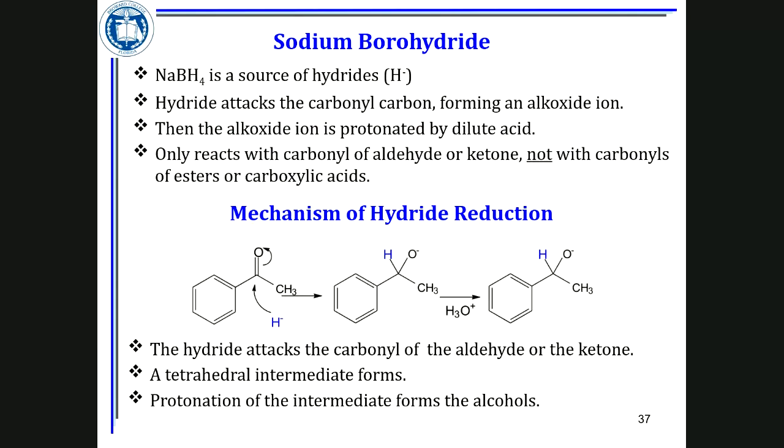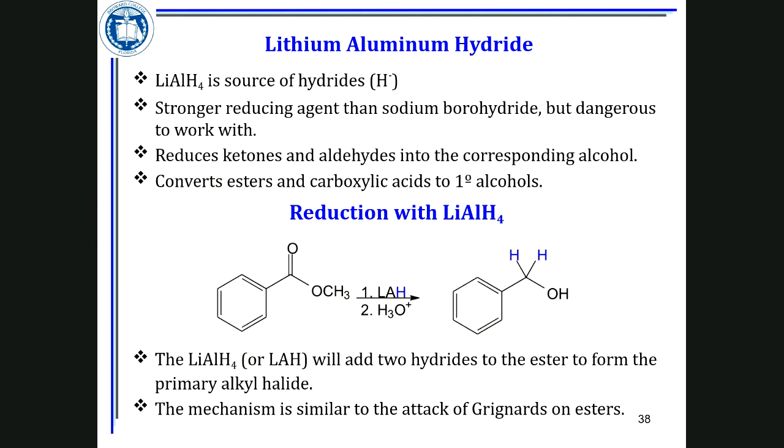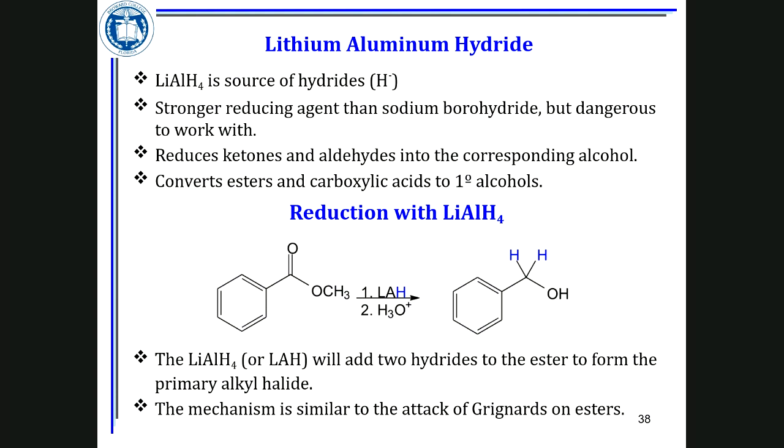The way sodium borohydride works, hydride from sodium borohydride acts as a nucleophile, attacks the carbonyl group, an alkoxide is formed, then protonation, and you get your alcohol. LAH works the same way. Hydride is going to attack the carbonyl, form the alkoxide, protonate, and you get alcohol. So it works the same way. But LAH is more aggressive and it is more expensive.